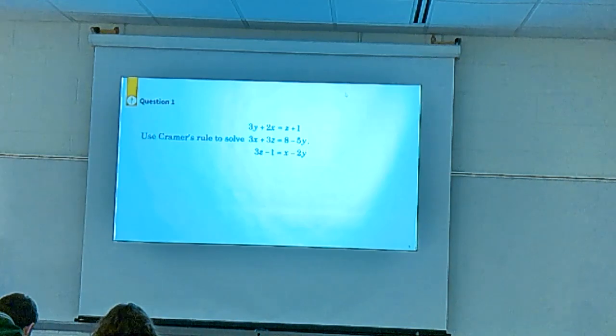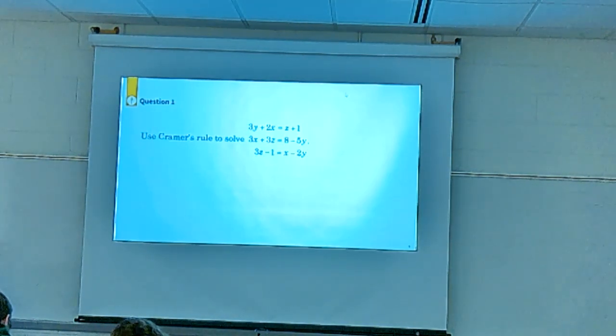It's not in the nice order that you're used to getting. So this is our first time looking at it, at least for Cramer's rule. Let's rewrite the system to be in a more acceptable notation.